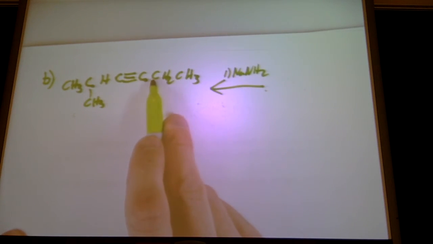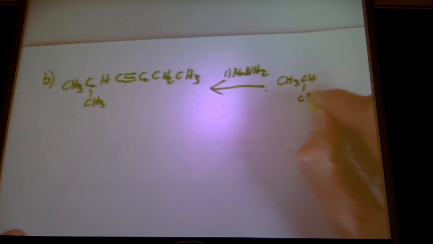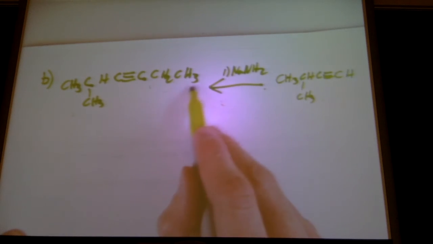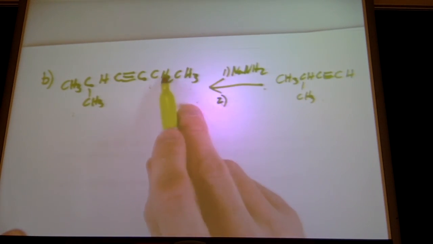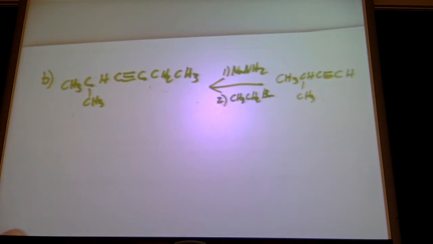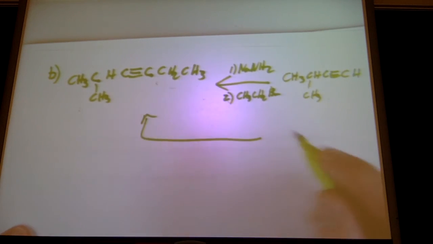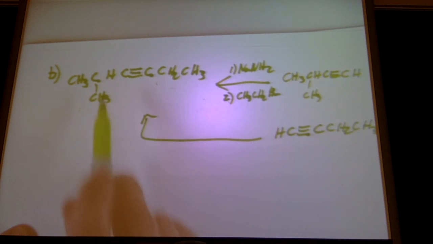So I'm going to take the hydrogen off the end, so I'm going to take it off this end first. So I took it off that end and put a hydrogen there. So that means I need CH3CH2Br as an alkyl halide. I could have also taken it off the other end.